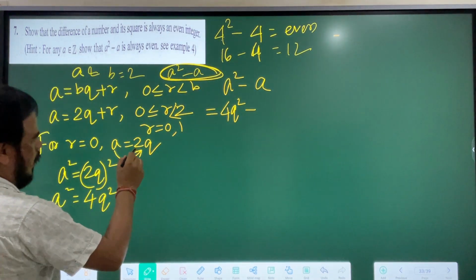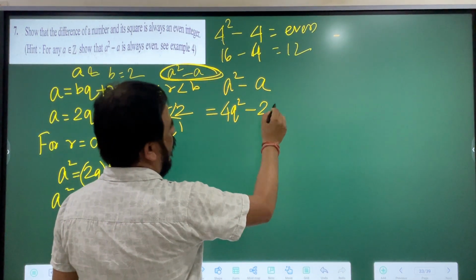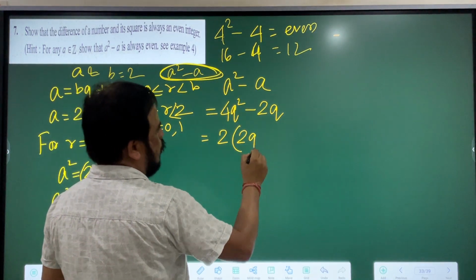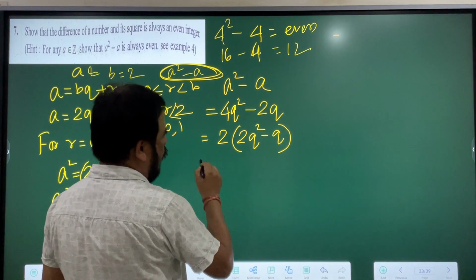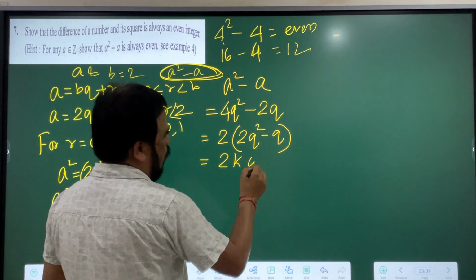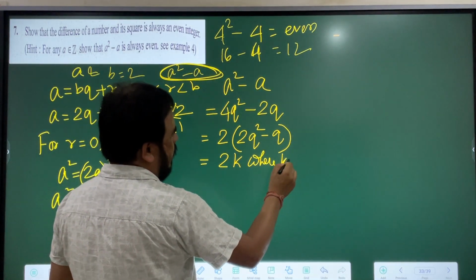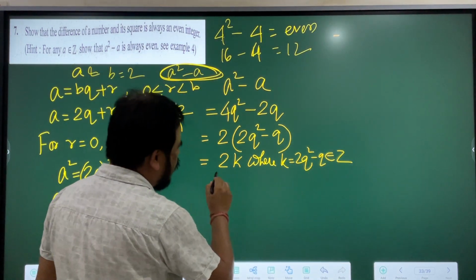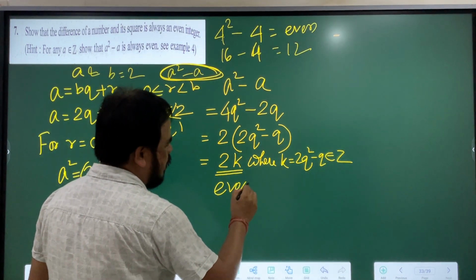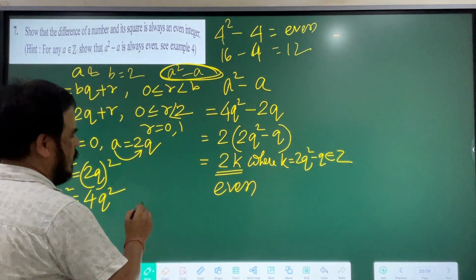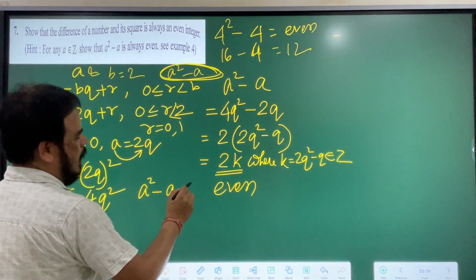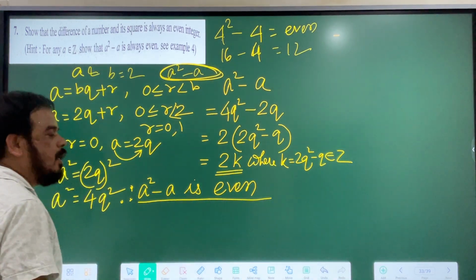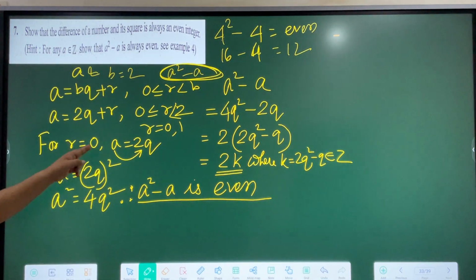What is a? 2q. 2 can be taken common: 2(2q square minus q), 2k, where k is equal to 2q square minus q belongs to Z. 2k is always even. So a square minus a is even when r equals 0.